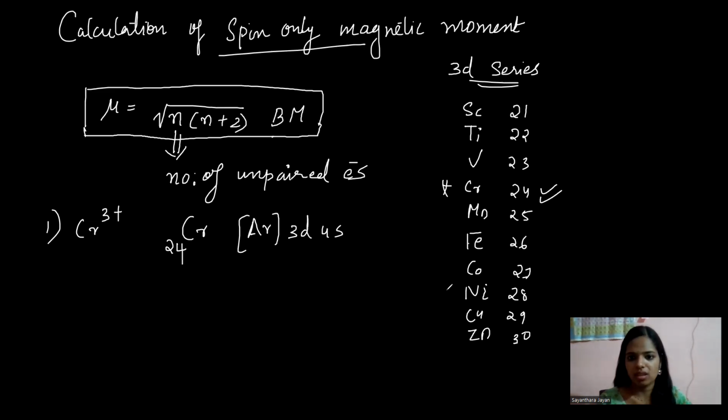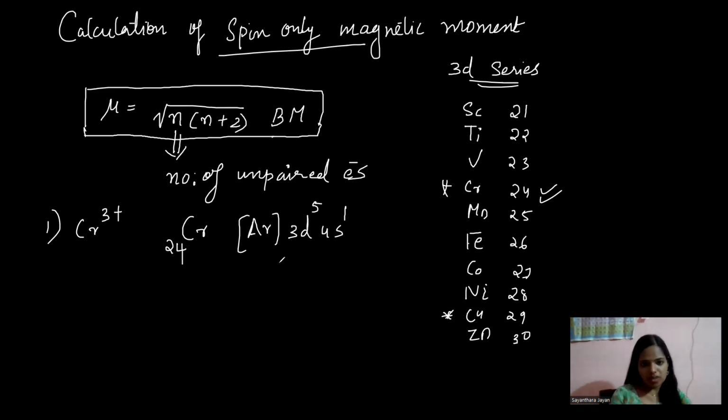For all other elements, 4s will have 2 electrons, but in the case of chromium, 3d5 is the stable configuration, because half-filled d5 is stable, and 4s1. So the configuration of chromium is 3d5 4s1.